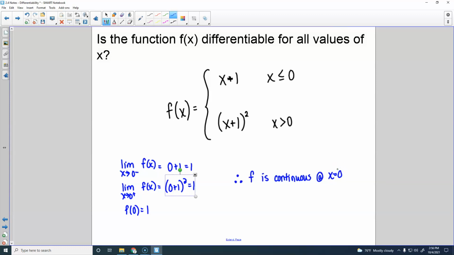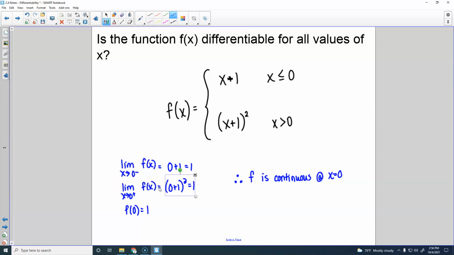So f is continuous here. Okay, so continuity, you're essentially plugging in to both of these and making sure they're the same. You're going to use this limit notation as you do it.